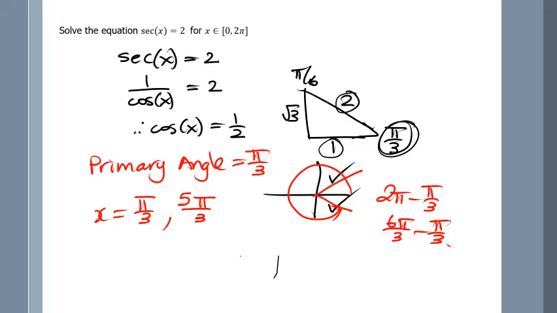So our solutions where sec x equals 2 are x equals pi on 3 and 5 pi on 3.